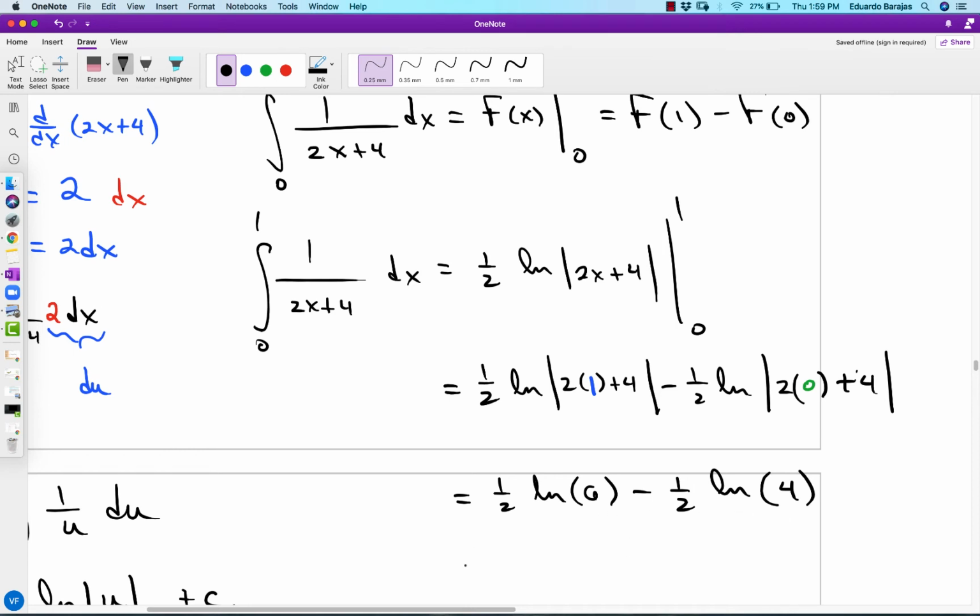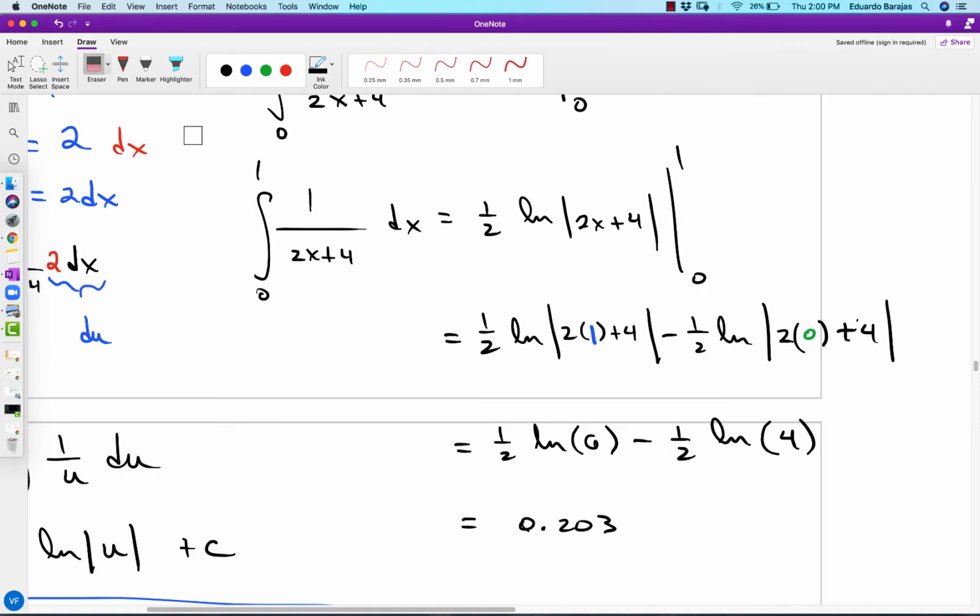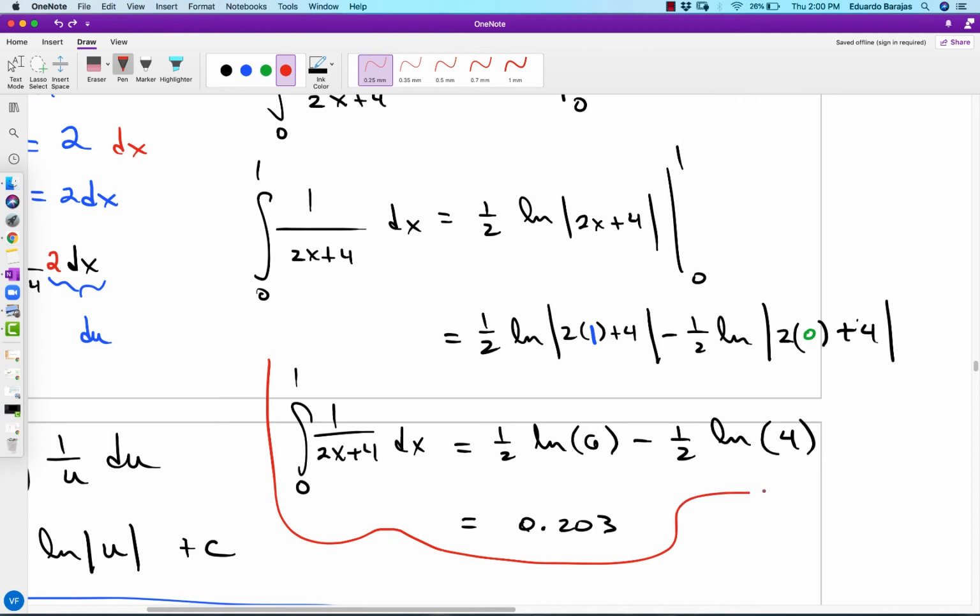So calculating those two things, we end up with 0.203, and that's our answer. The integral from 0 to 1 of 1 over 2x plus 4 dx equals that.